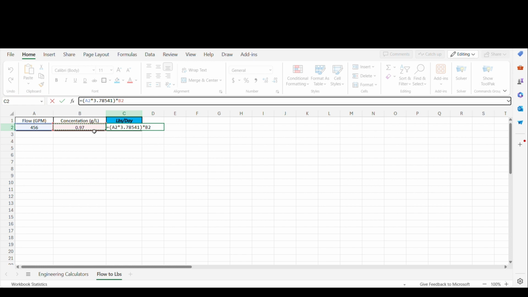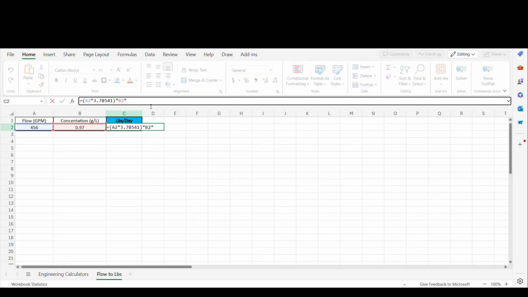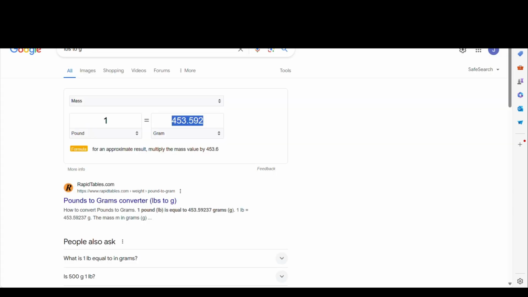And then you now have, like I say, grams per minute, and then you will go from grams to pounds. So for every 1 pound, you'll have 453.592 grams. So you will then divide this by 453. I think it was 592. Sure was.